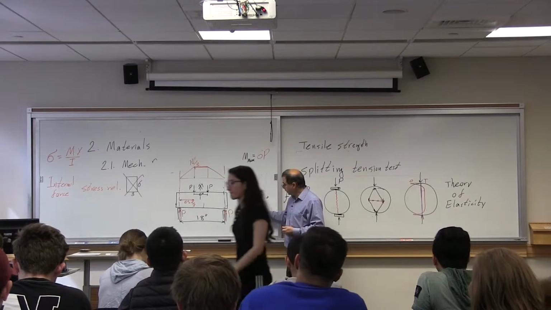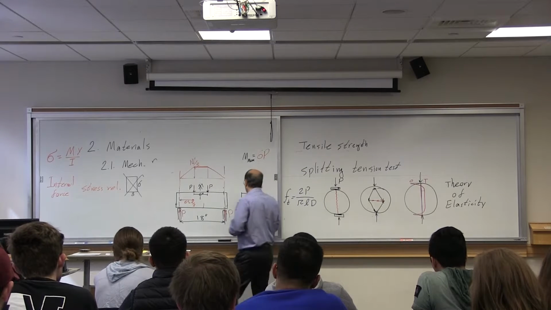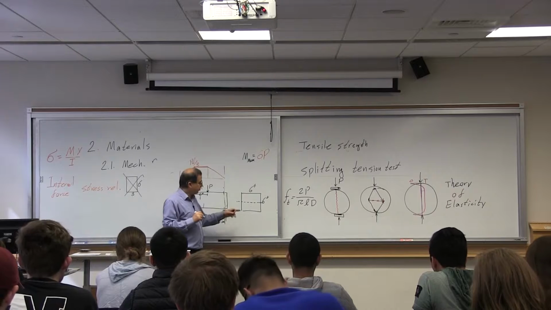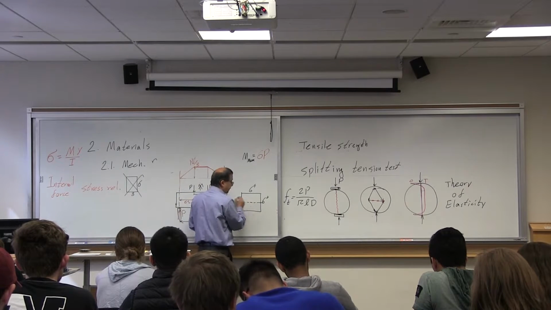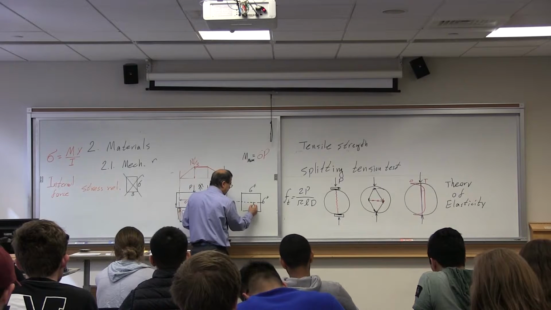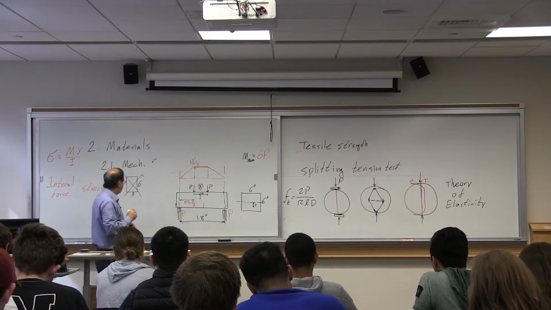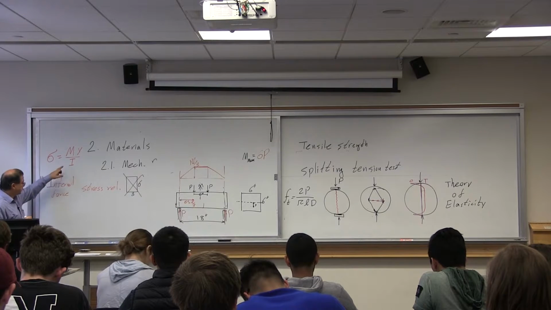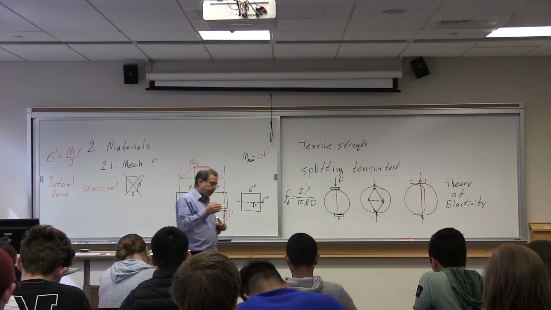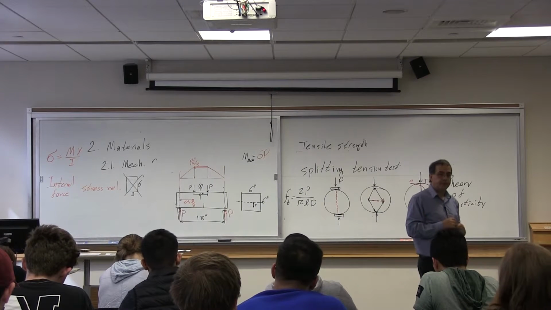Correct. Let's say you want to calculate the stress here. Anywhere that you want to calculate, you need to find the neutral axis, which passes through the centroid of the section. This distance is y. I is the moment of inertia of the section.